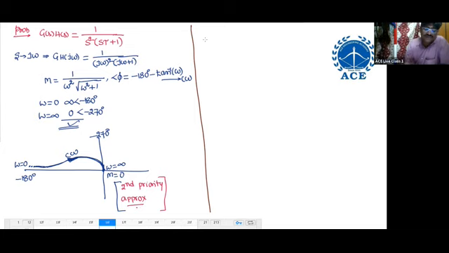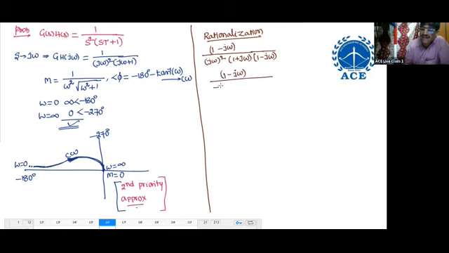So now rationalization. Come on, tell. 1 by j omega whole square into 1 plus j omega. Multiply 1 plus j omega by 1 minus j omega. Come on, do the rationalization. 1 minus j omega divided by minus omega square into 1 plus omega square.